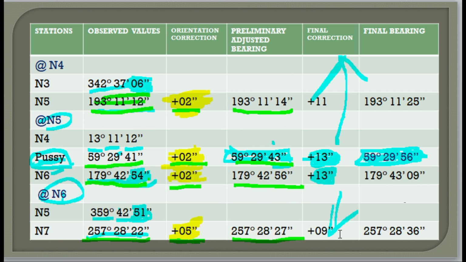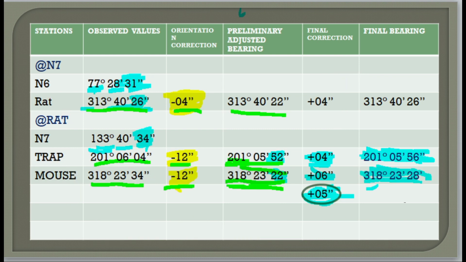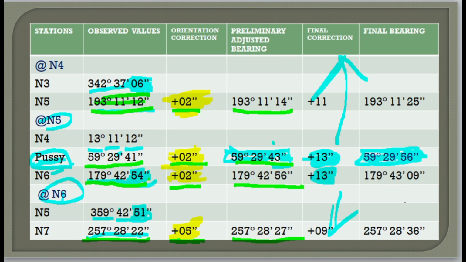We go ahead by the use of a calculator. We divide 13 by the number of stations there. Let's again count these stations from here.